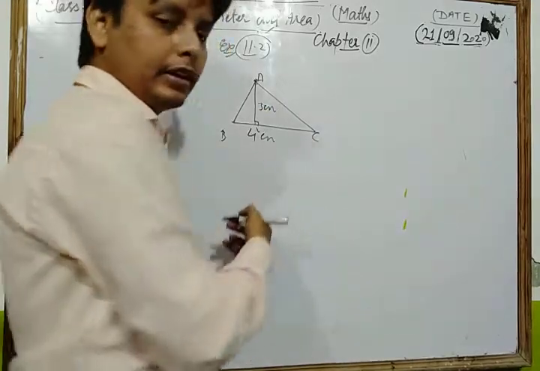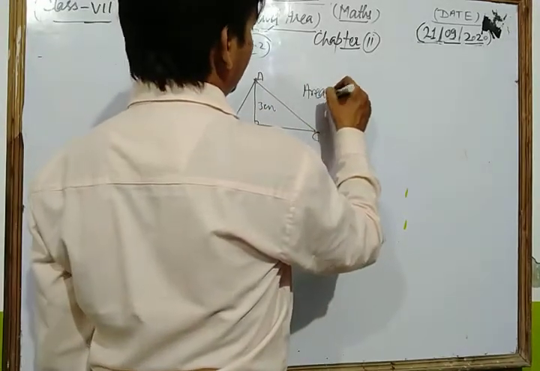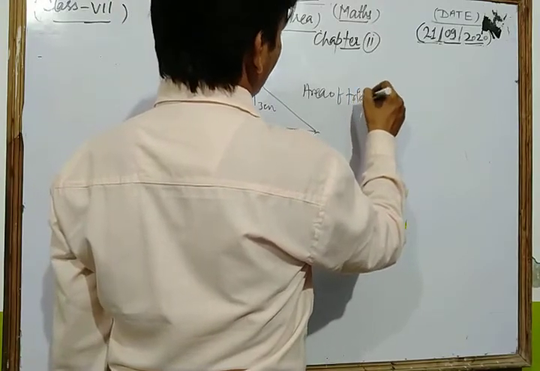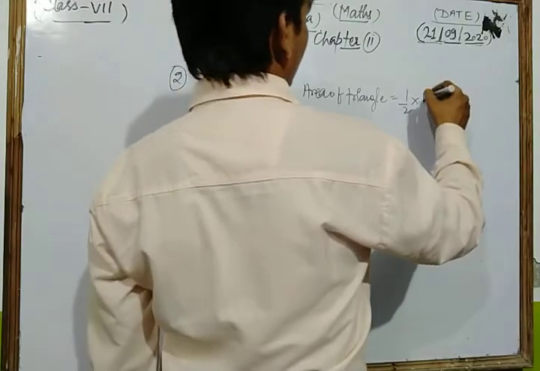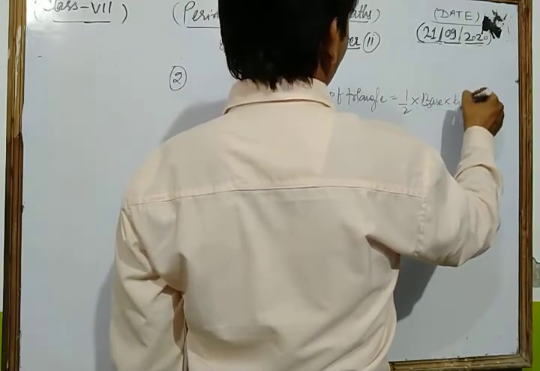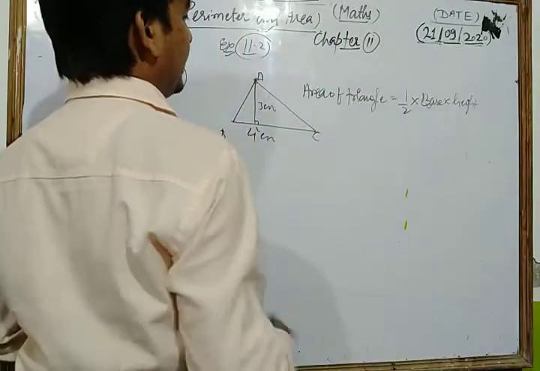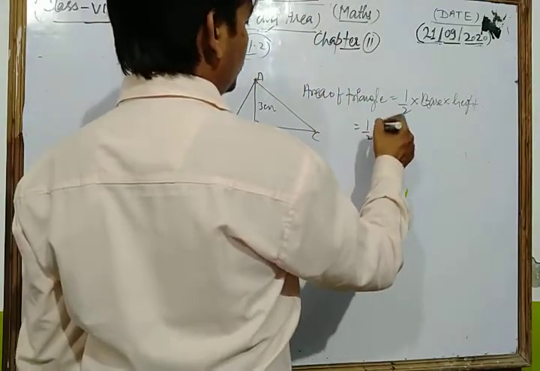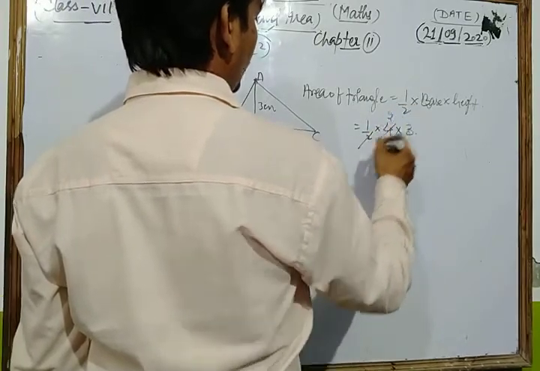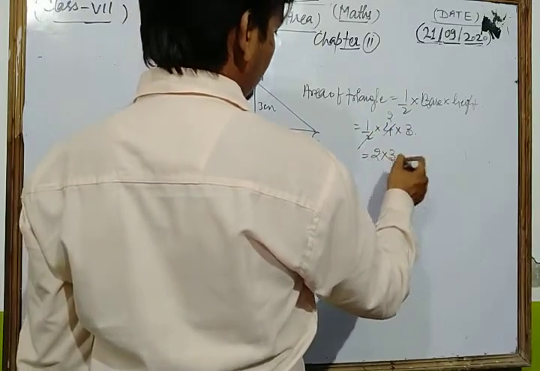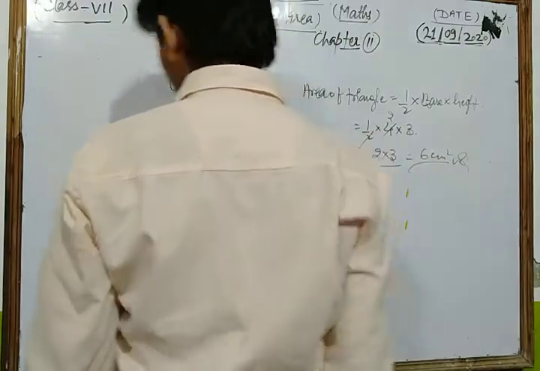Now in that figure the area of triangle is 1/2 into base into height. Here we apply the formula and put the value base as 4 into height 3. So 1/2 into 4 into 3, that is 2 into 3, that is 6 centimeter square. So this is the other answer.